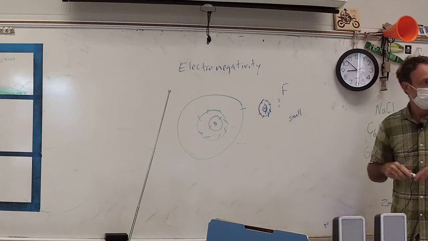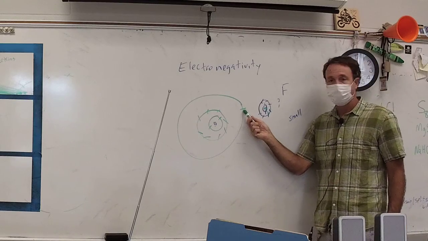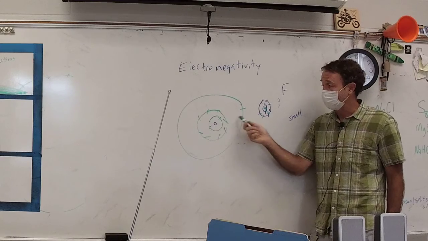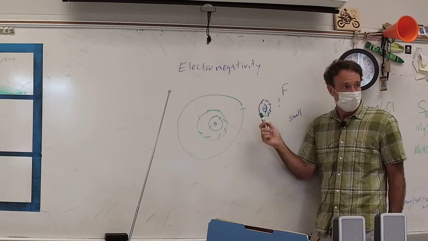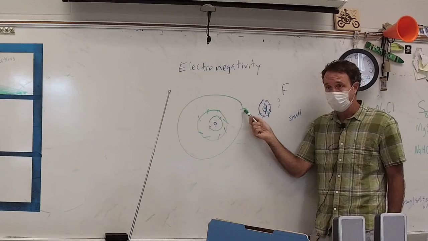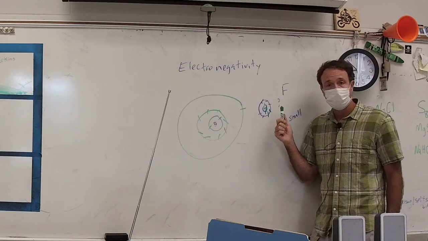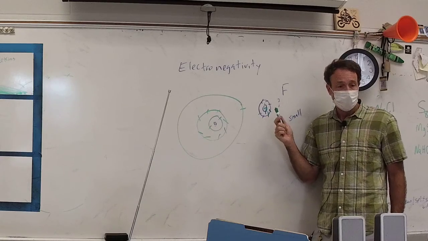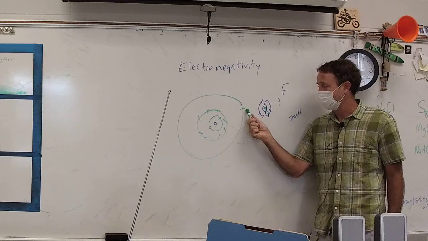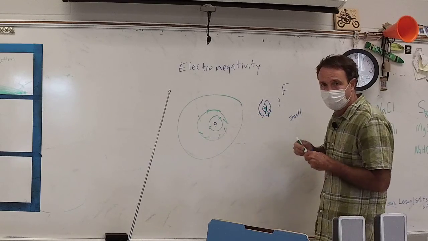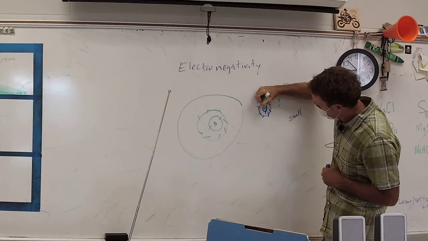Now, think about this electron right here. When these two atoms get close to each other, this electron is actually closer to the nucleus of fluorine, isn't it? Does that make sense? And fluorine is very electronegative, has a very strong electromagnetic pull. So this electron, scoop, ends up right here.